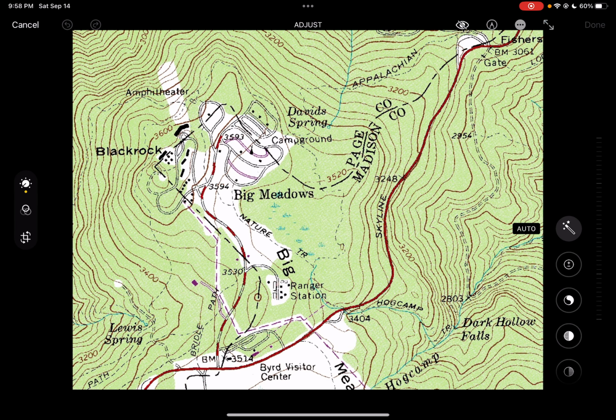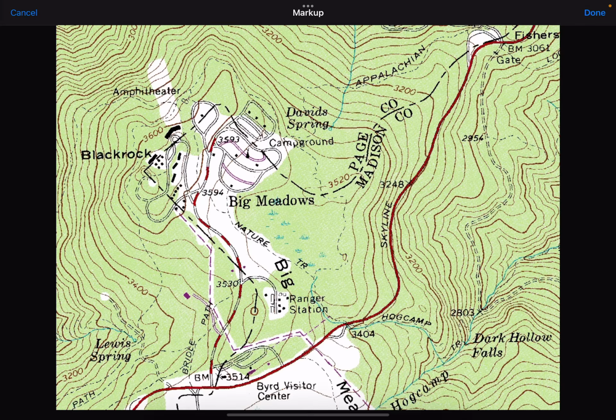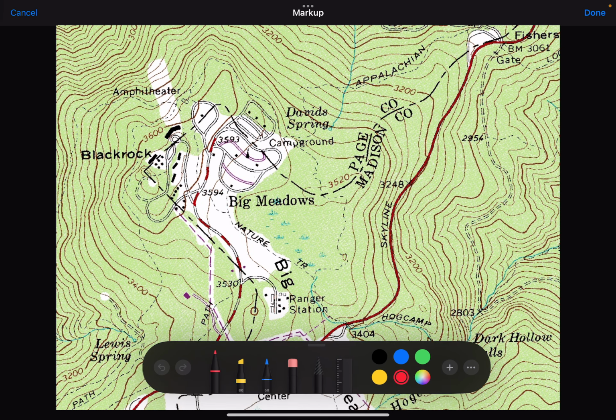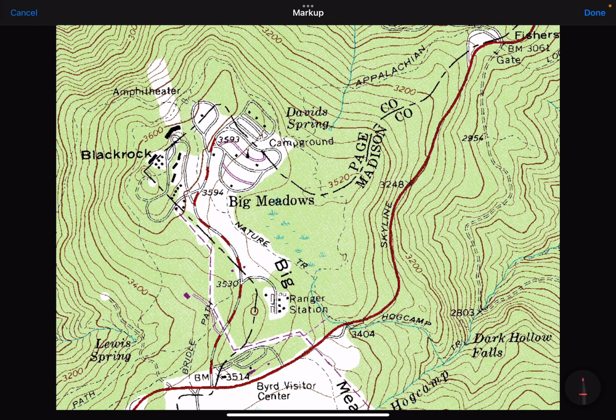So if we look at this map, you can see where the ranger station is down here. You can see the parking lot, the visitor center over here, and in this general vicinity, not a lot of contours.